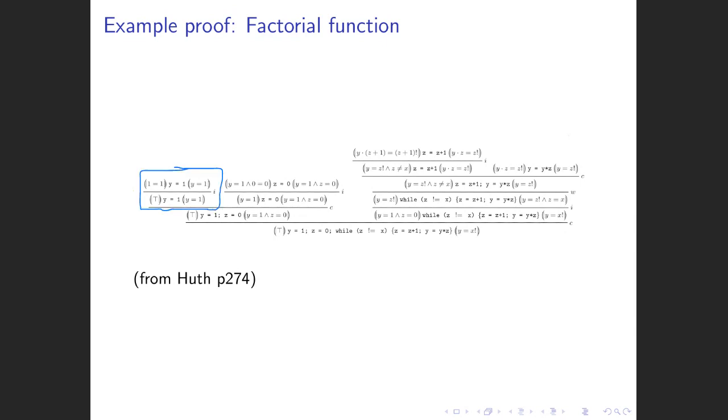So the implication rule doesn't change the command at all. It's just fiddling with preconditions and postconditions. So truth, which way around is this? Truth implies 1 equals 1, right? So you're allowed to make that substitution because one of these things follows from the other.